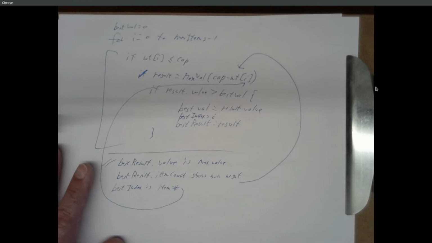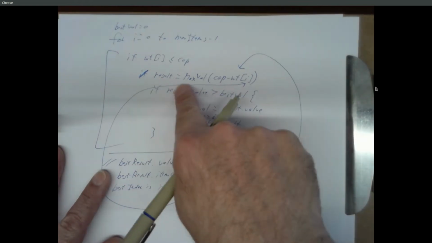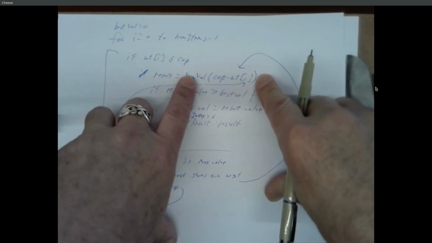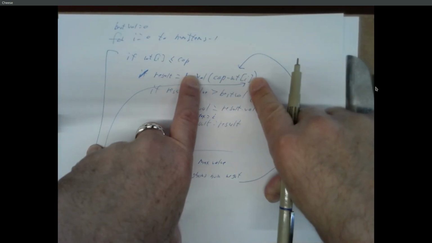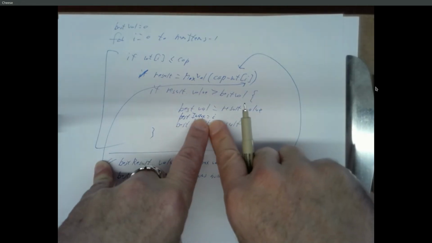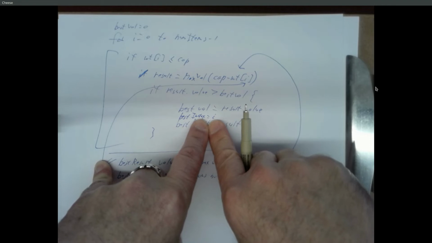So if you want to know how you get this best result, here it's the items that you use to get the max value out of that diminished capacity bag with one more item, whichever your best index item is, right?